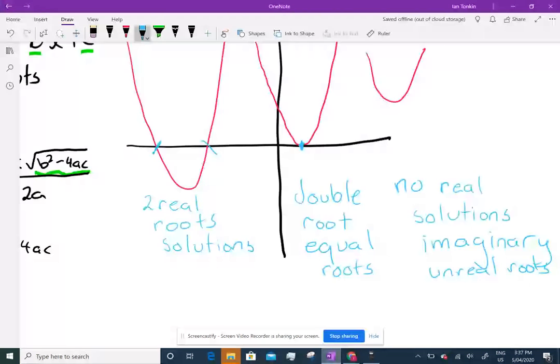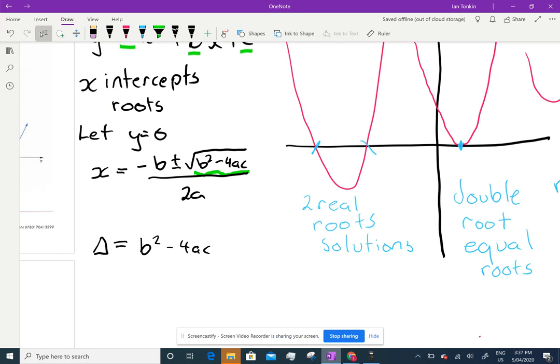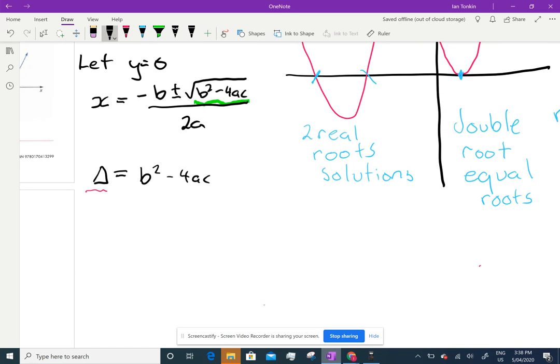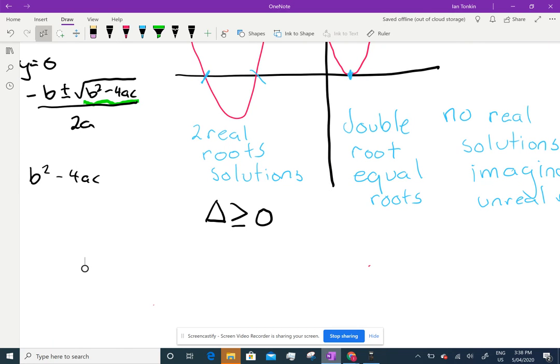Now, we don't want to write b squared minus 4ac all the time or say the word discriminant. So we use this little triangle to denote the discriminant. If you have two real roots, the discriminant has got to be a positive number or equal to 0. For equal roots or a double root, the discriminant just equals 0.